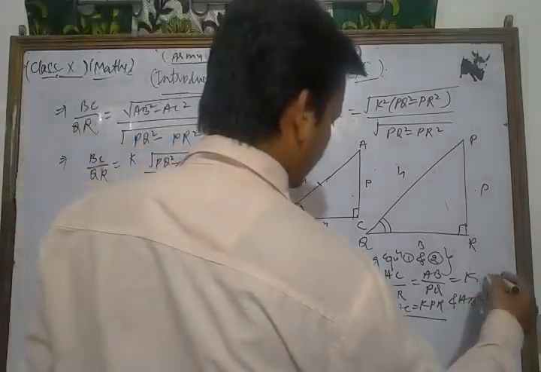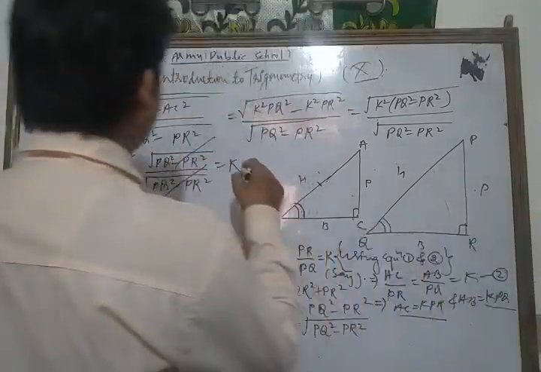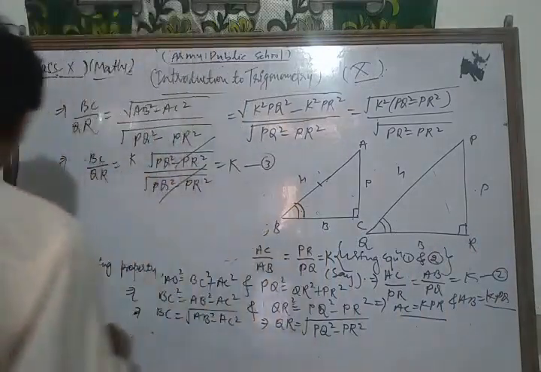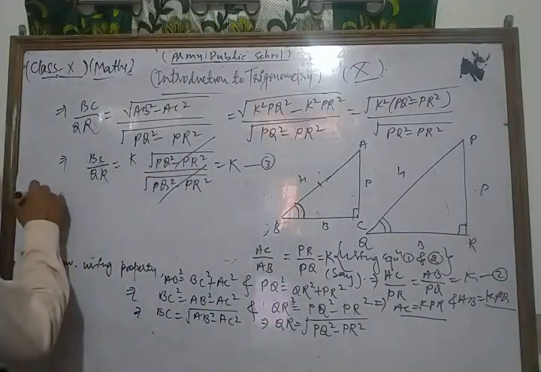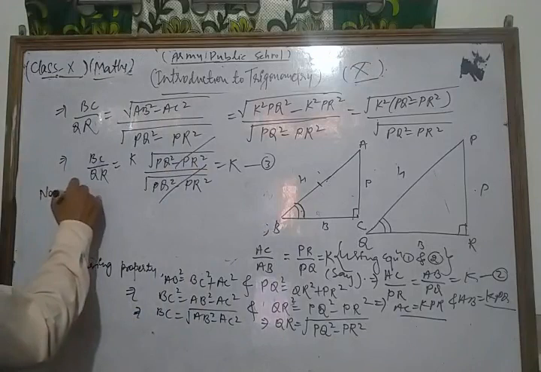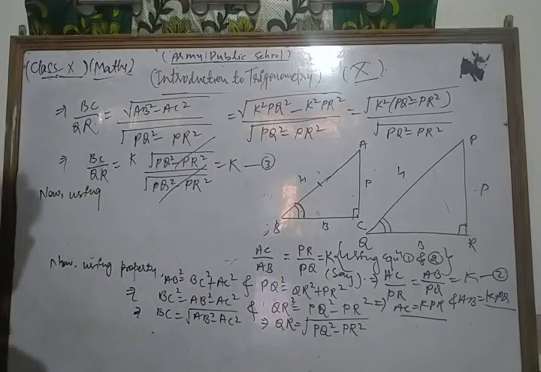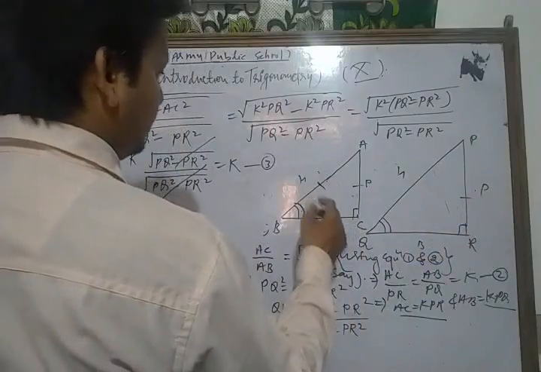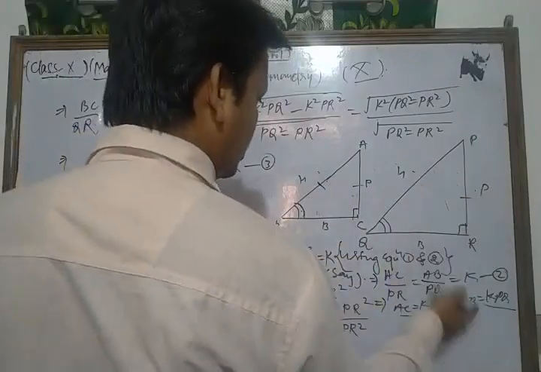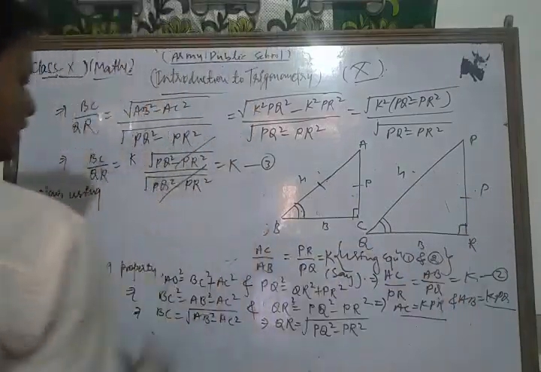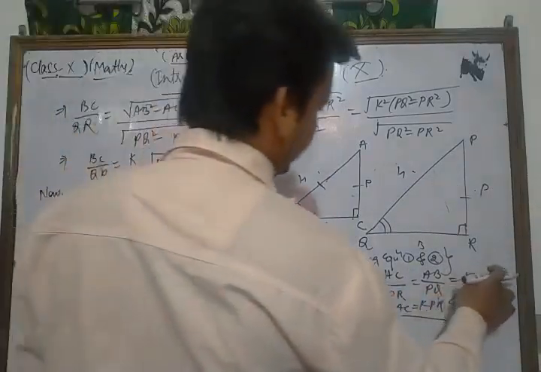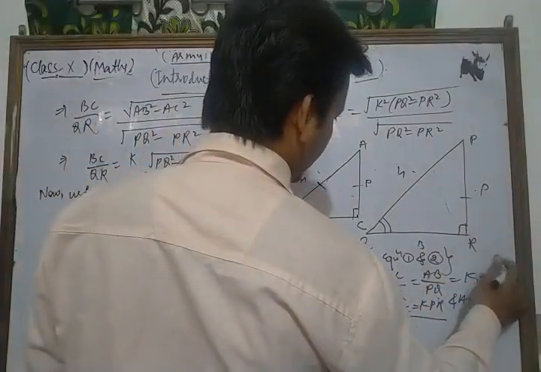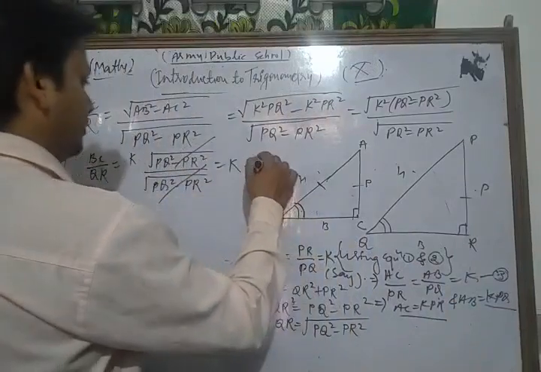This is equation number 2 and this is equation 3. Because AC upon PR and AB upon PQ are there, using 2 and 3, we take them as 3 and 4, since 1 and 2 were already taken at the start.